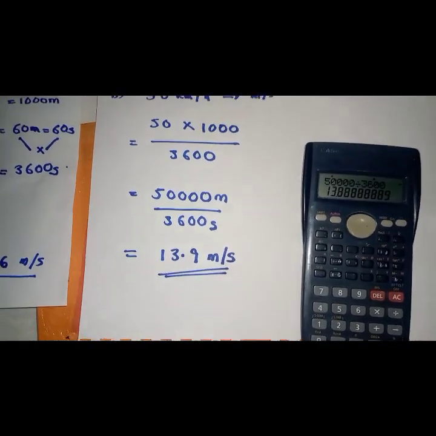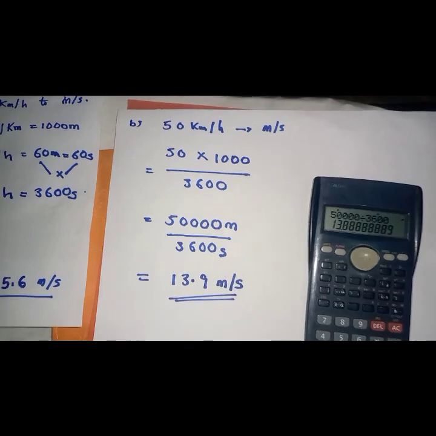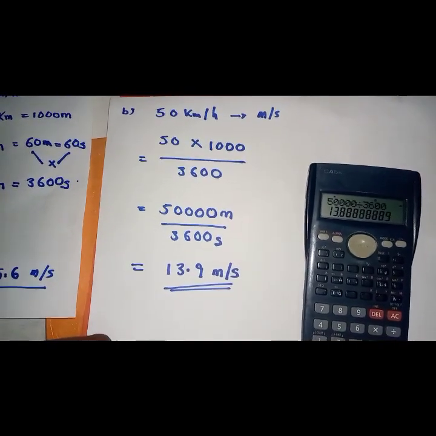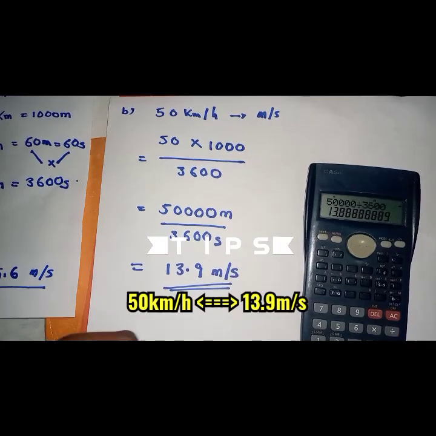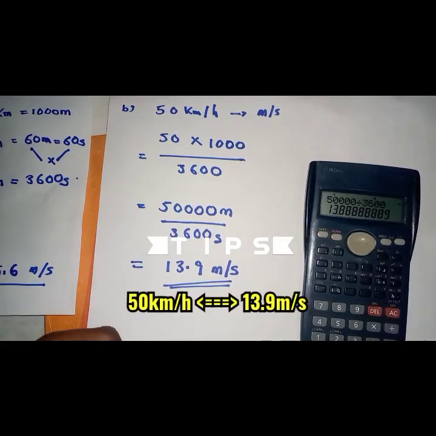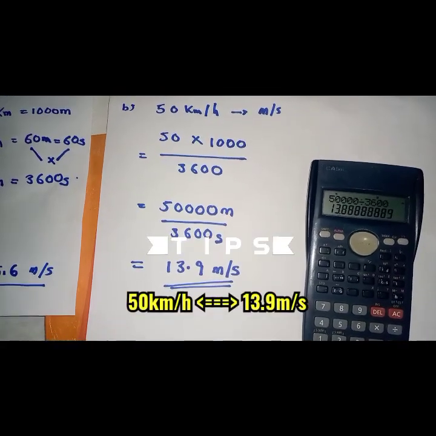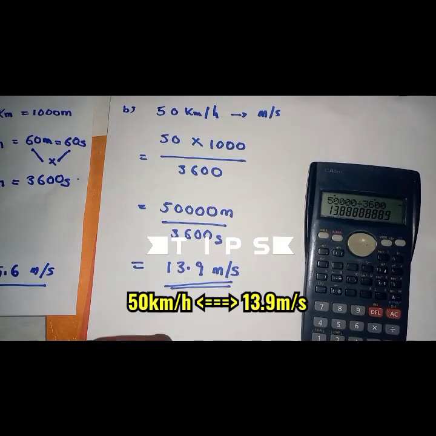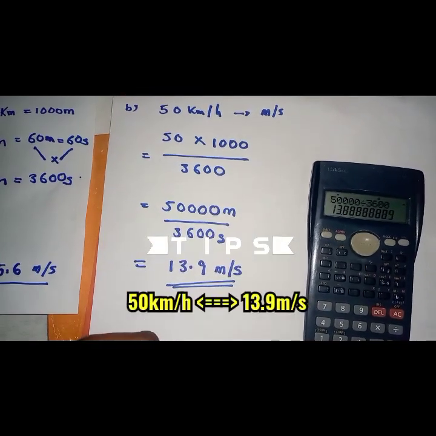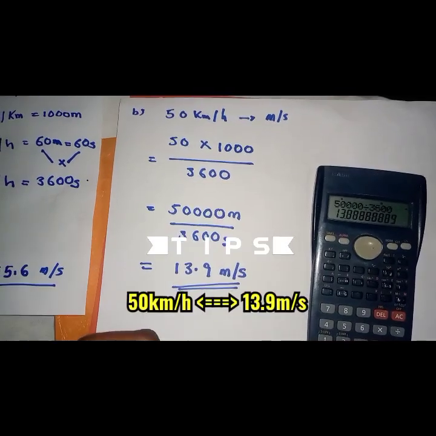So if we have this object, might be a car moving at 50 kilometers per hour, that means it's actually covering a distance of 50 kilometers in 1 hour, but in each and every second that changes, it's actually covering 13.9 meters. All right, let's go to the third one.